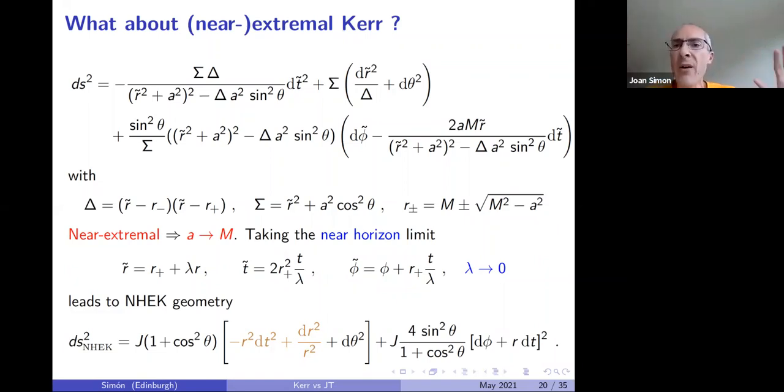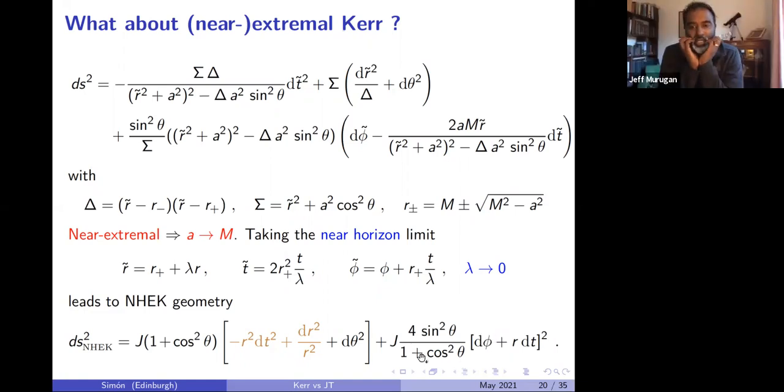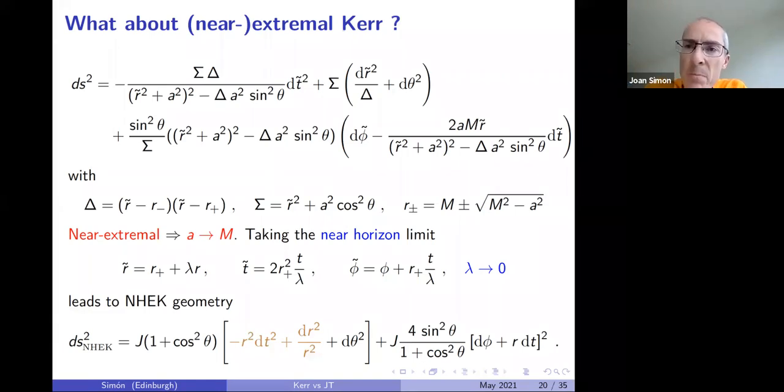Maybe this is a red herring, but otherwise, we did exactly what you said, Jeff. We took a near horizon, but please notice that this AdS2 in brown here has this warping factor, and the same with the S1. The S1 has a non-trivial size also. So that's the part that I don't know how to encode microscopically, but it has to play a role.